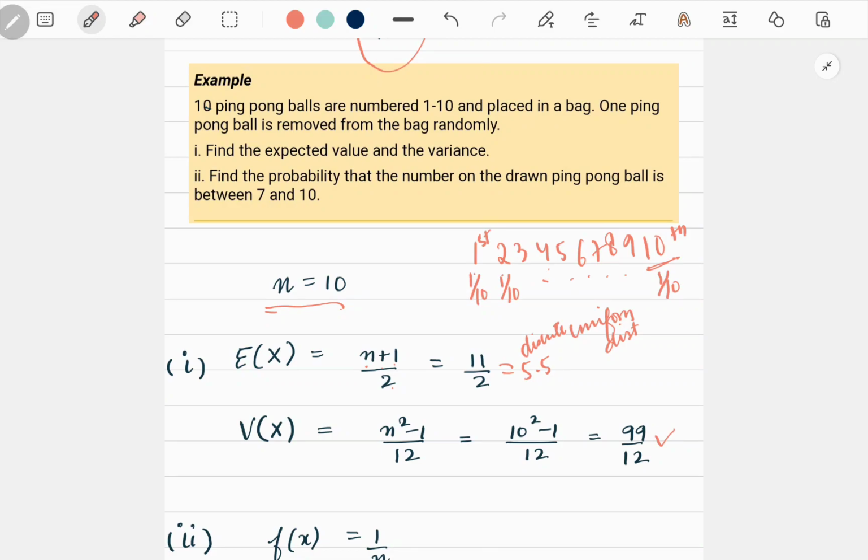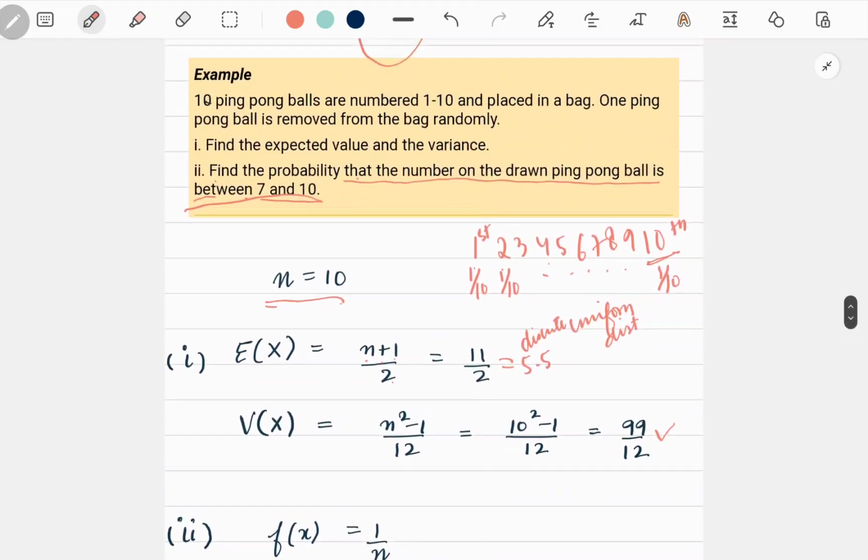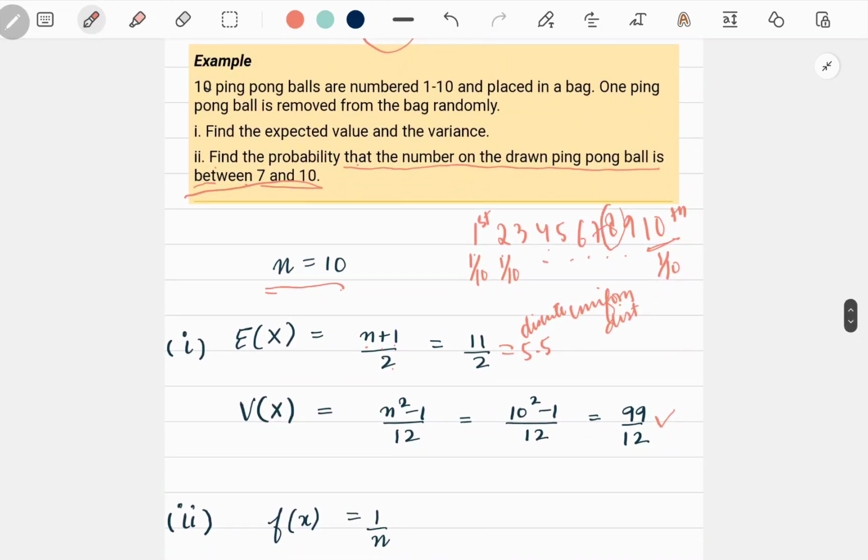Now the next part says find the probability that the number on the drawn ping pong ball is between 7 and 10. So what is the probability that you will pick a ball which is between 7 and 10, which is the 8th or 9th ball? What is the probability that you will pick that ball?